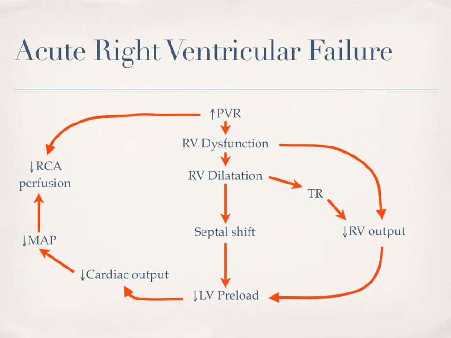In fact, the coronary perfusion pressure is the difference between the mean arterial pressure and the pressure in the right ventricle. So if the right ventricular pressure has gone up due to the right ventricular dysfunction and the increased pulmonary vascular resistance, and the aortic root pressure has gone down, then both those things are going to contribute to decreased coronary artery perfusion, particularly the right coronary.